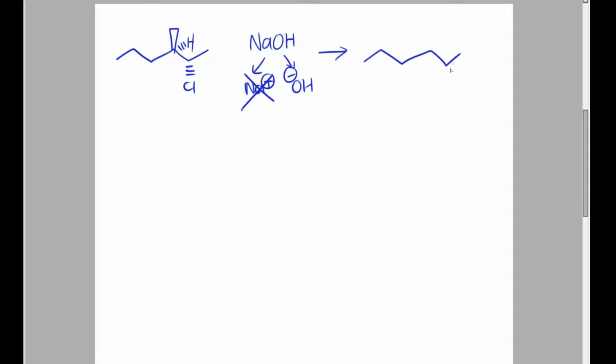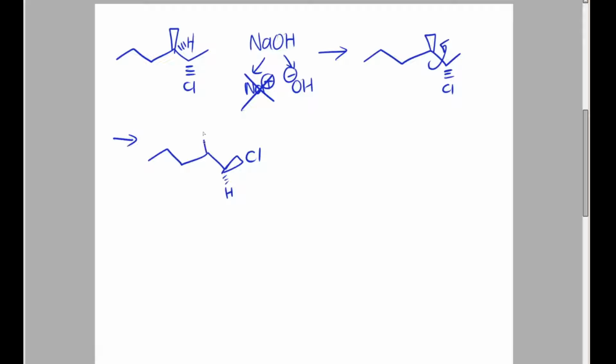So they can rotate. And then we're going to get something that looks like this, with this chlorine group changing stereochemistry to a wedged, and this hydrogen is going to be dashed.